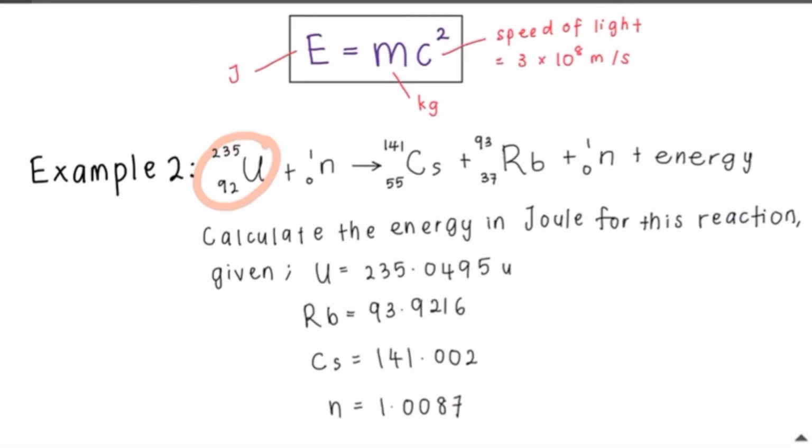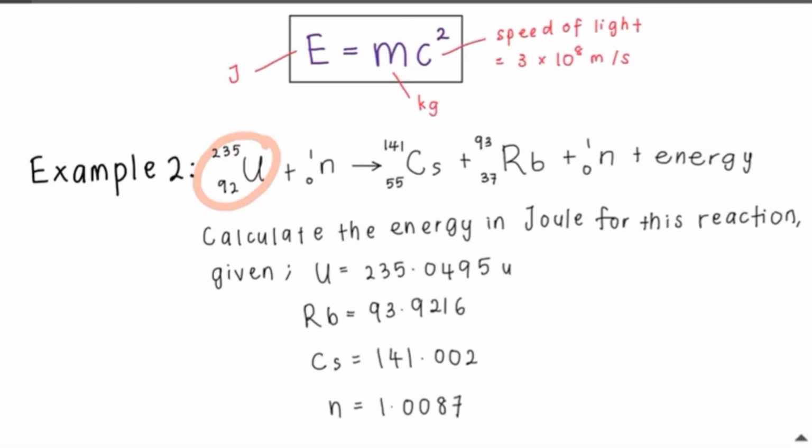The data given are: uranium is 235.0495 u, where u is the atomic mass unit, 1/12 of the mass of a carbon-12 atom; rubidium 93.9216; cesium 141.002; and n is 1.0087.